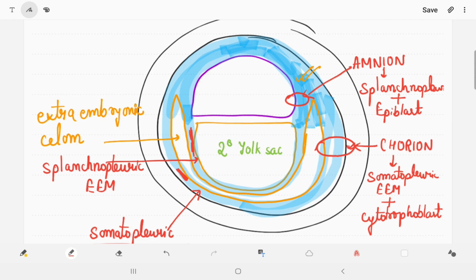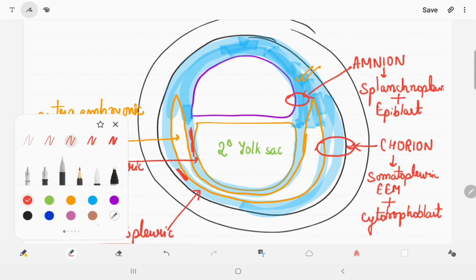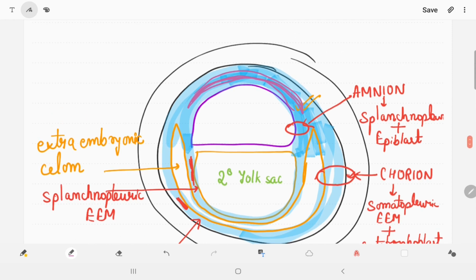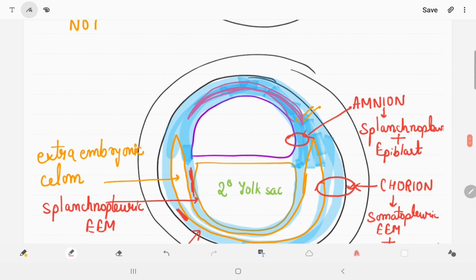Now, also one thing I want you to understand is this area where the coelom does not invade, right? In the region of the amniotic cavity where the coelom does not invade is very important to me because this region will form the connecting stalk in the baby, right?